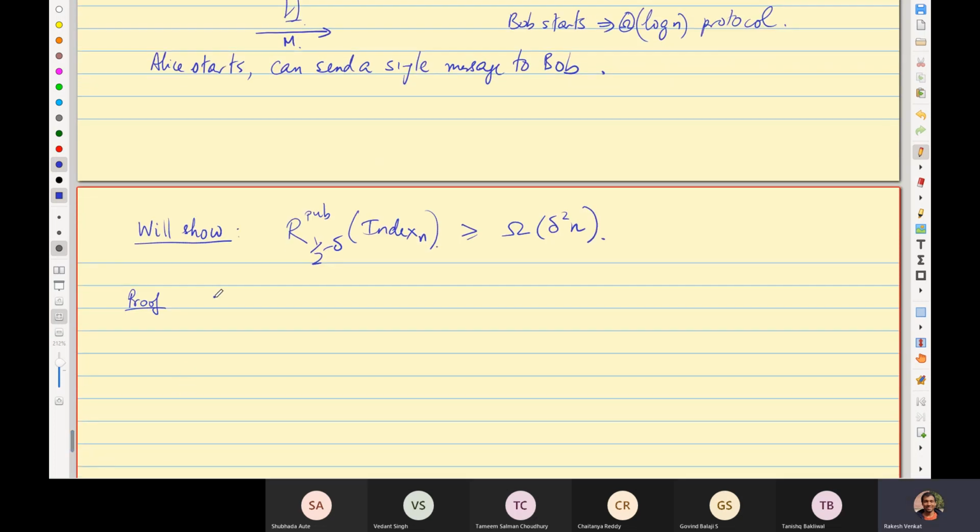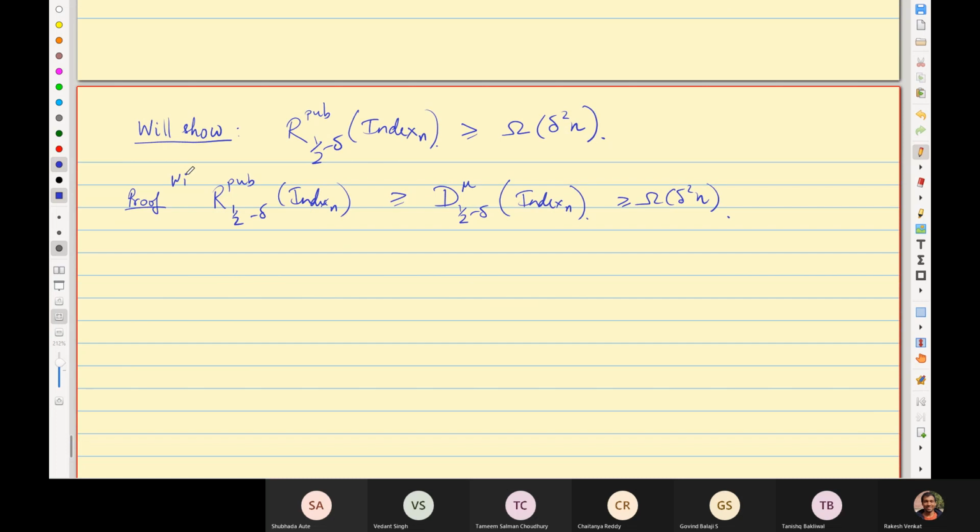So what we'll do, as usual, is go to distributional complexity. And we'll show that for a certain distribution mu over the inputs to Alice and Bob, this is greater than or equal to omega delta squared n. So what is the distribution you're going to use for inputs to Alice and Bob?